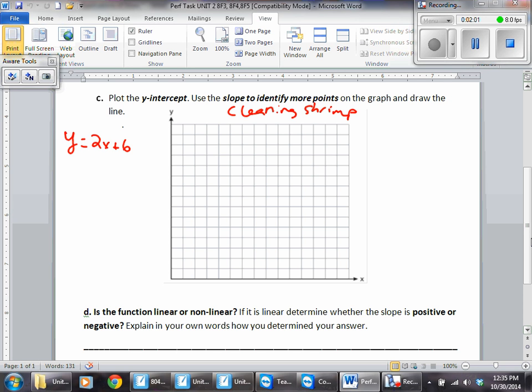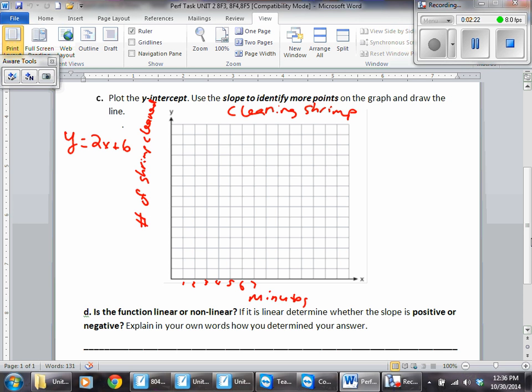The x value is the number of minutes. We'll count by 1. The y value, which they told us, is the number of shrimp cleaned.